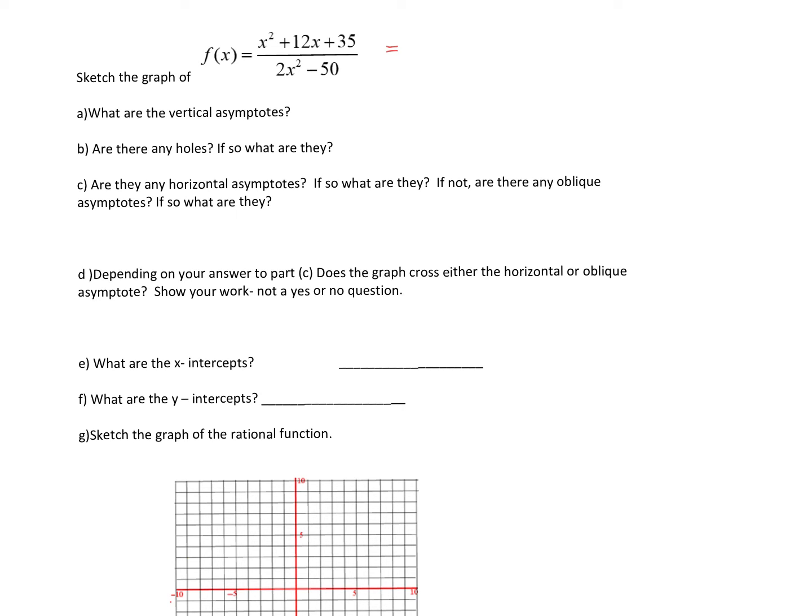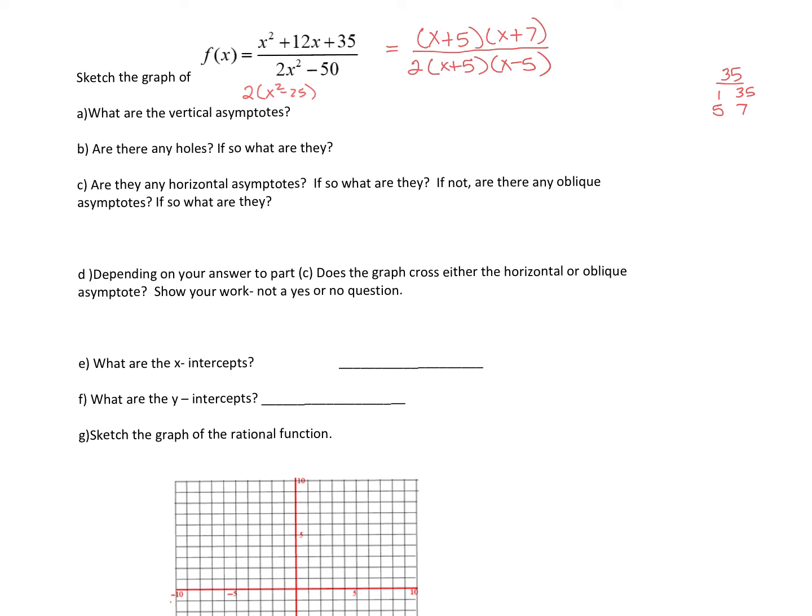So what multiplies to 35? 1 and 35, 5 and 7. Well, that's lucky. So this is going to factor as x plus 5 and x plus 7. On the bottom, I'm going to factor a 2 out, like that. So it'll be 2 and then x plus 5 and x minus 5.